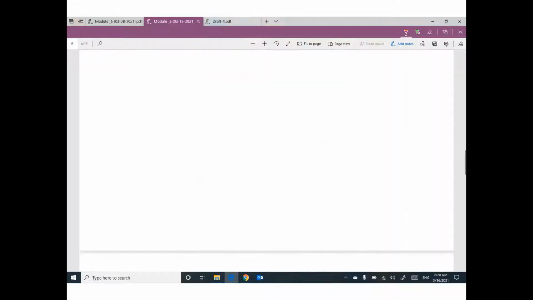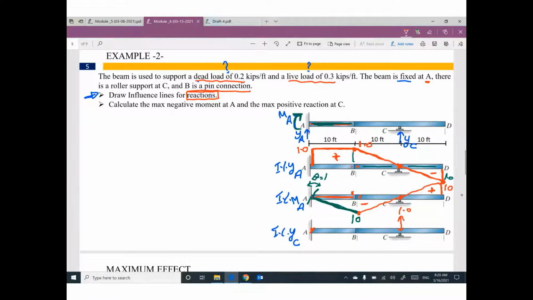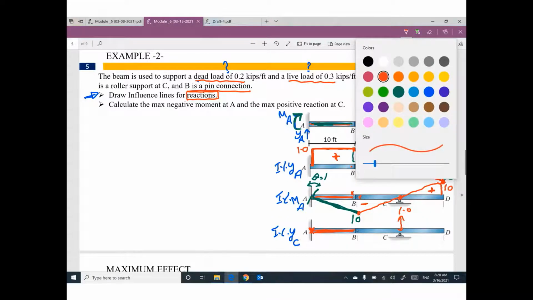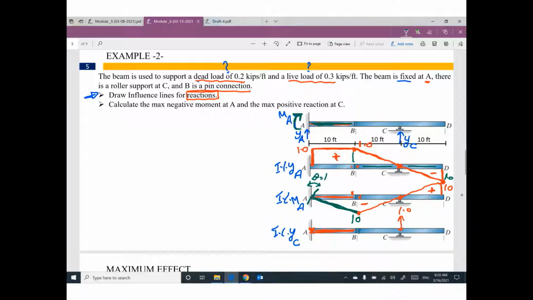So in this case, I didn't move this fixed. So the whole part attached to this fixed will not move. If this part didn't move, the other side of the connection will not move.